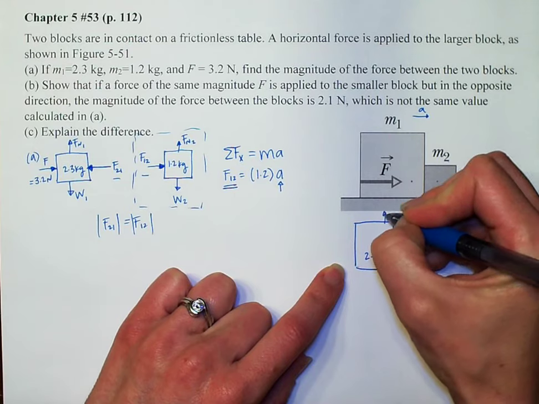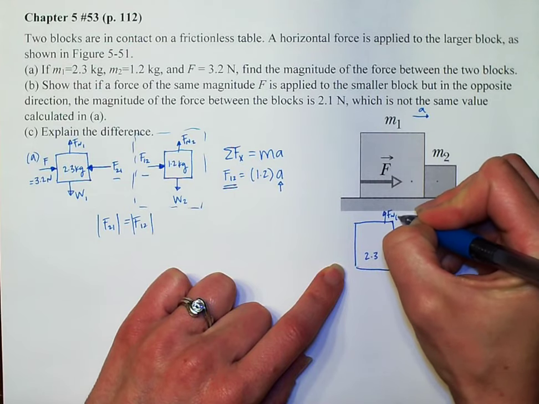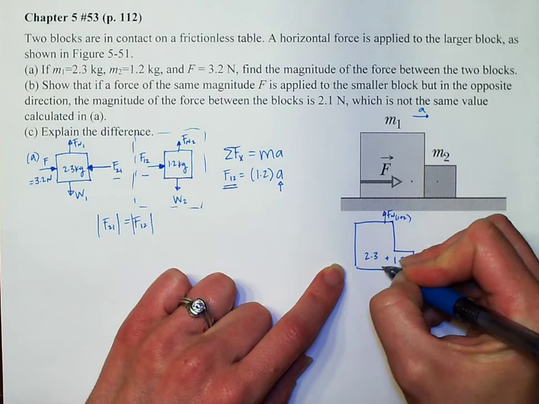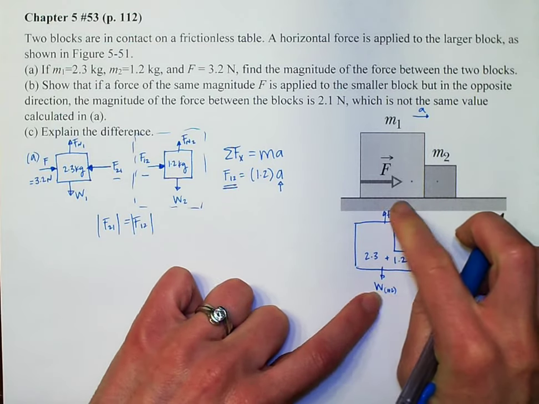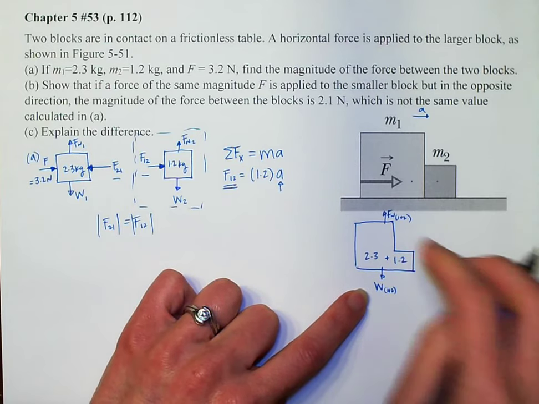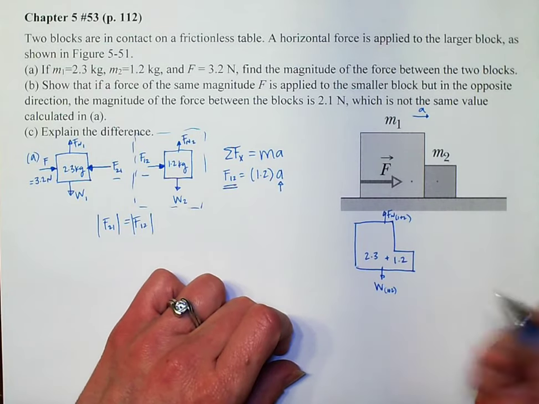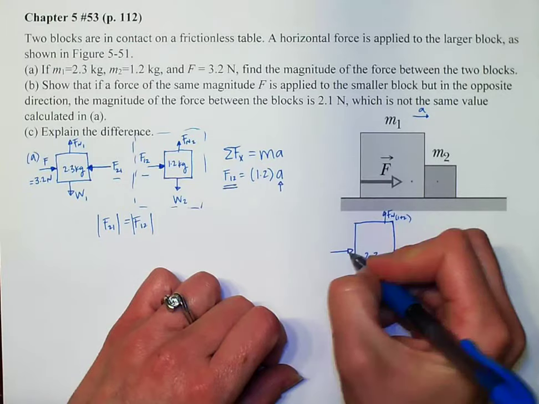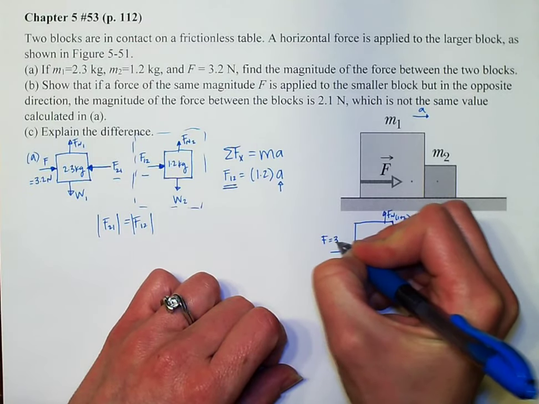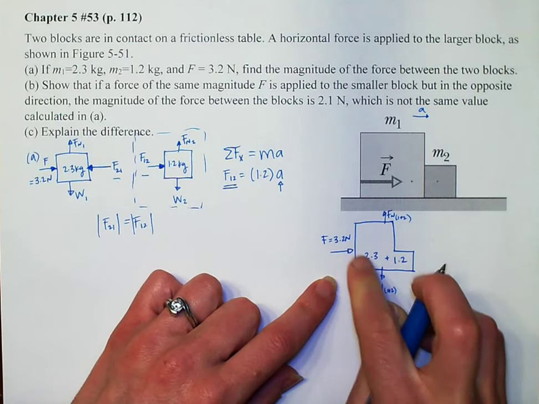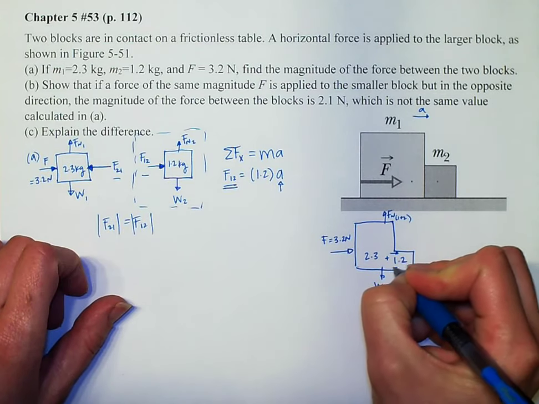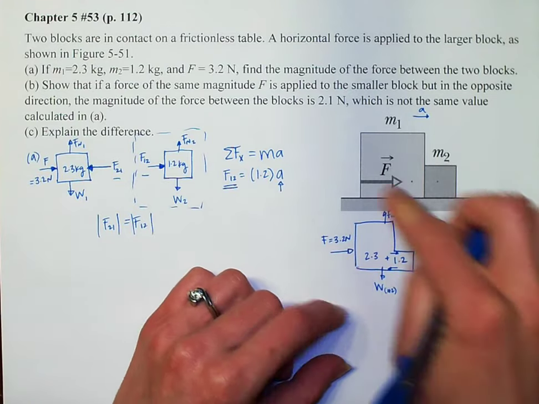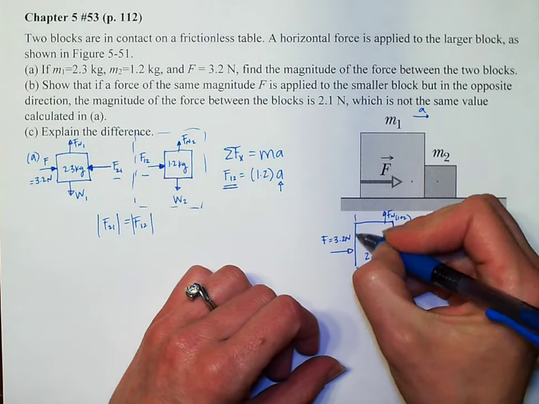And here, of course, we have normal force of 1 and 2 together, the weight of 1 and 2 together. These don't matter too much because we're just dealing with the x direction. But then the only force I need to draw in the x direction is this force, F equals 3.2 newtons, because these forces right here are inside our whole system.